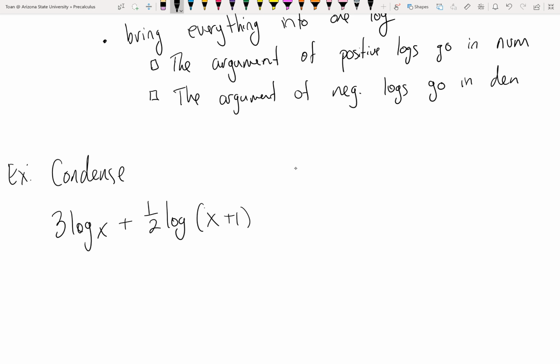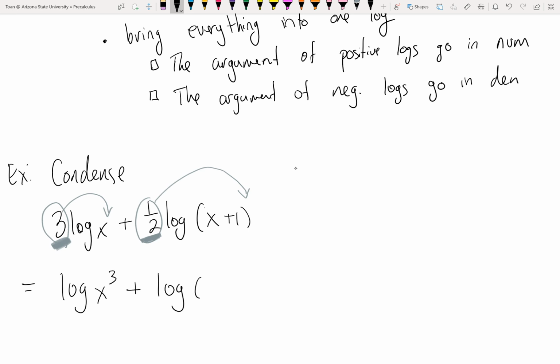Sometimes you will have some, sometimes you won't. In this case, we do have coefficients, right? Here's this 3 in front of the log, here's this 1/2. So according to the property, these get moved up as exponents. So the first thing I would do is log of x cubed plus log of x plus 1 to the 1/2 power.